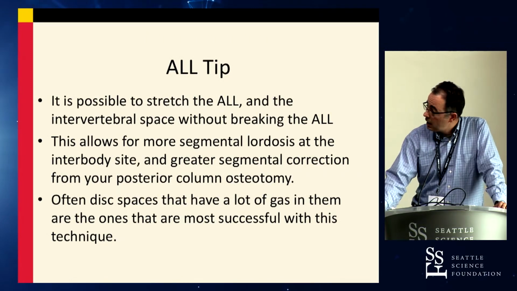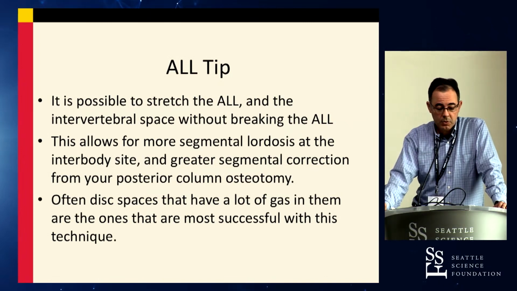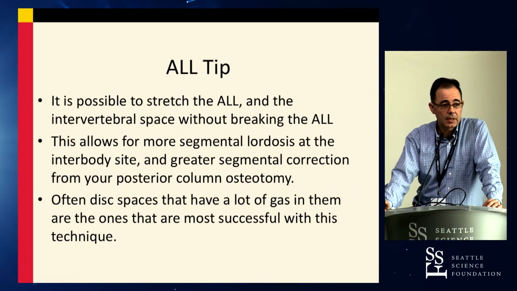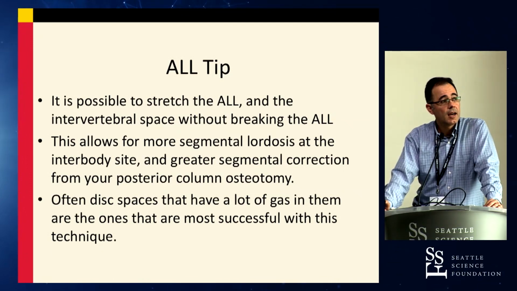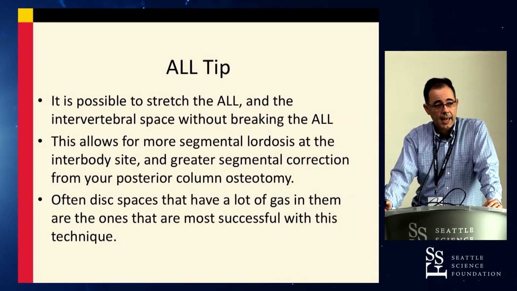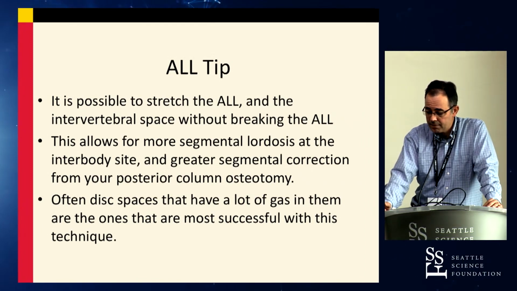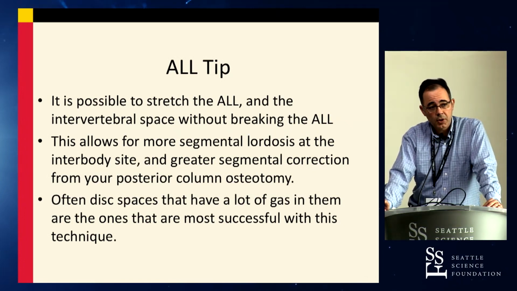And so, in the process of putting in these interbodies, and this is very similar to Jens' discussion yesterday, what I've realized is that you could really stretch the ALL pretty considerably and have a substantial amount of correction from a posterior column osteotomy.